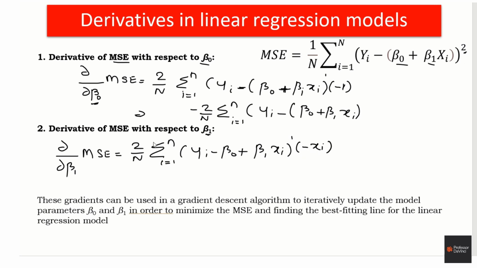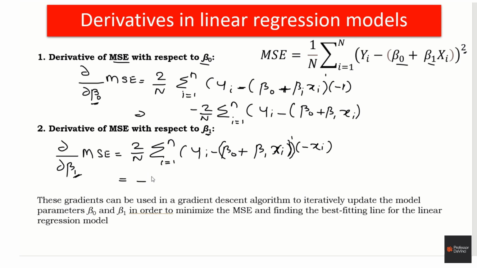With respect to beta 1, the derivative of beta 1 becomes 1, and this xi has a minus symbol, minus xi. So this is the partial differentiation of MSE with respect to beta 1.